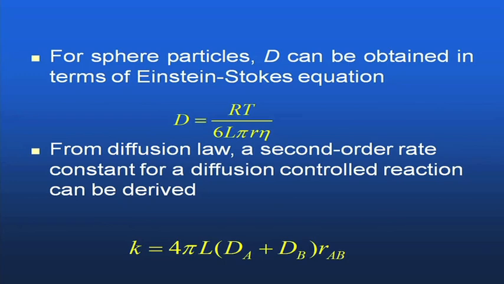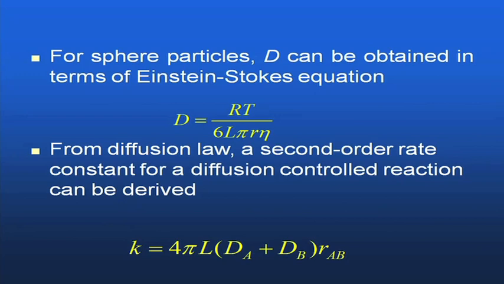So this is a special type of reaction, and I will talk more about this diffusion controlled reaction maybe in the next lecture. But this reaction is of great importance, since there could be a barrier and there could be a barrierless process.